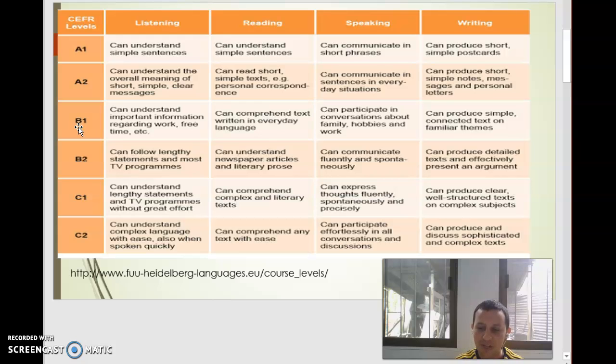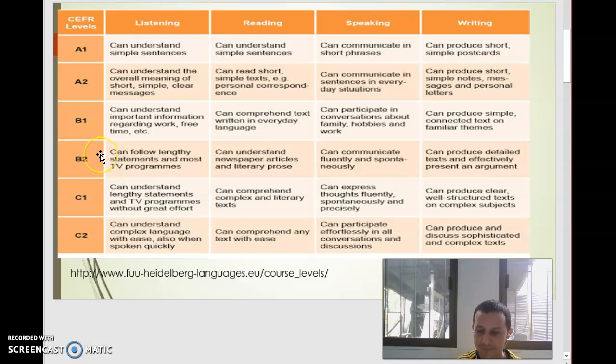They can write about topics of personal interest, describe experiences, events, dreams, and ambitions, as well as give opinions briefly.